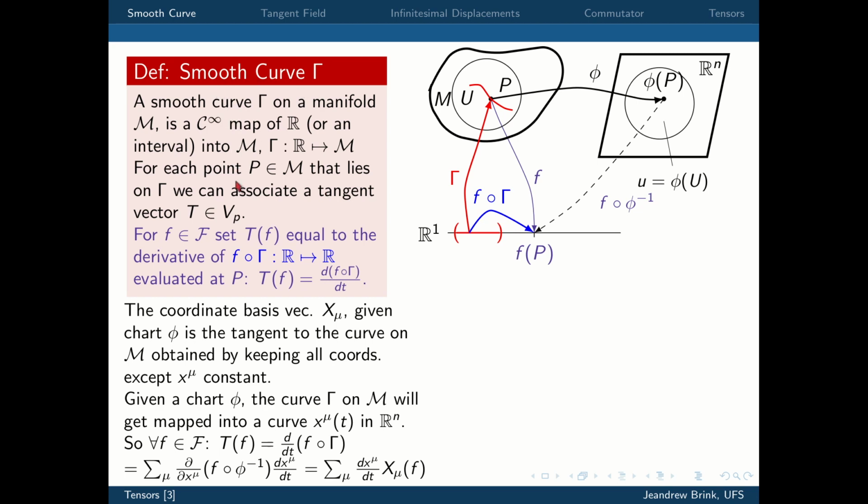Okay, and a smooth curve is a parameterized list of points. The way we parameterize it is we define this map gamma that takes us from the real numbers, or an interval on the real numbers, to the manifold. And it basically gives you a list of points that are hitched together.